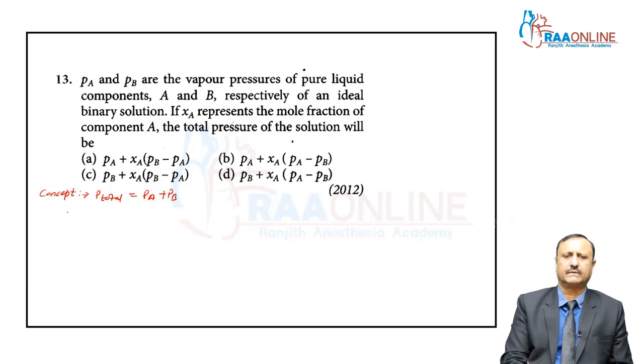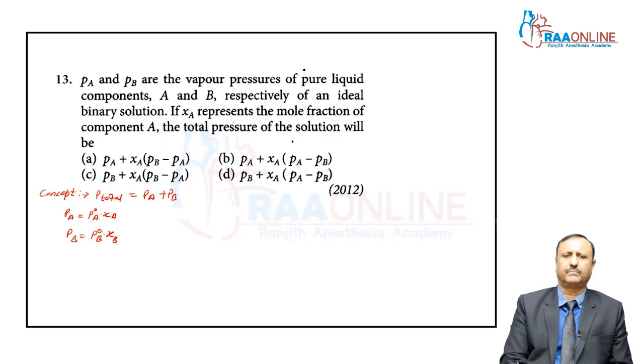Now, my dear students, this partial pressure is equal to the pure vapor pressure of that liquid into the mole fraction of that liquid. What is the P0? My dear students, P0 is the pure vapor pressure of that solvent or solute, and X is the mole fraction of that solute or solvent.